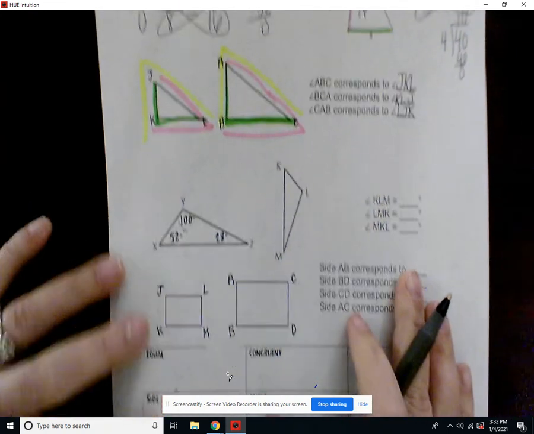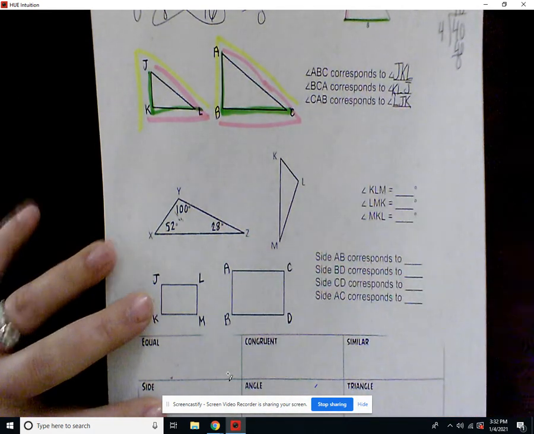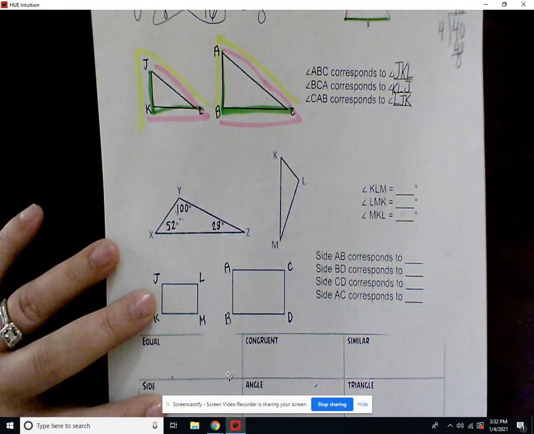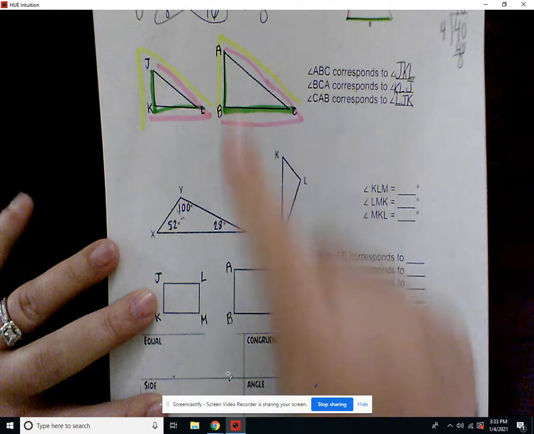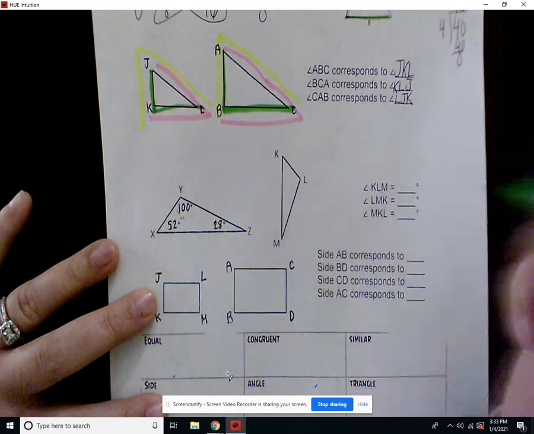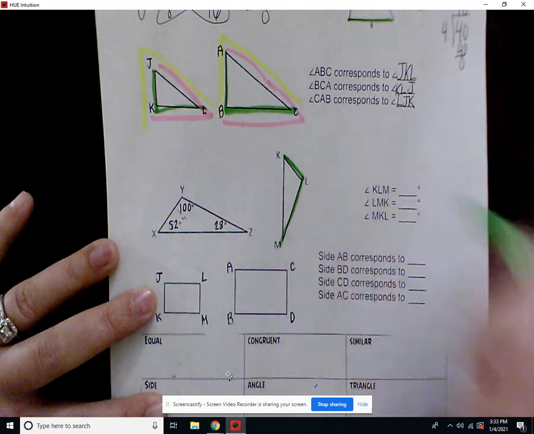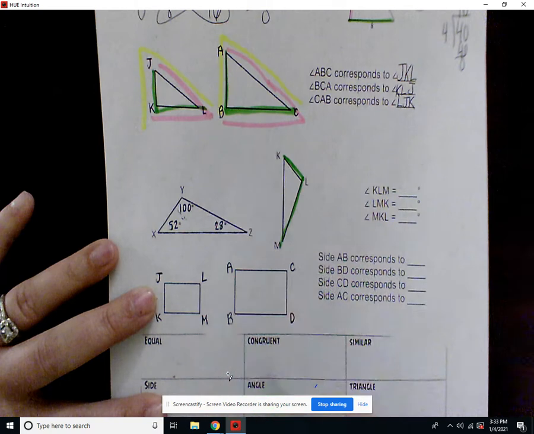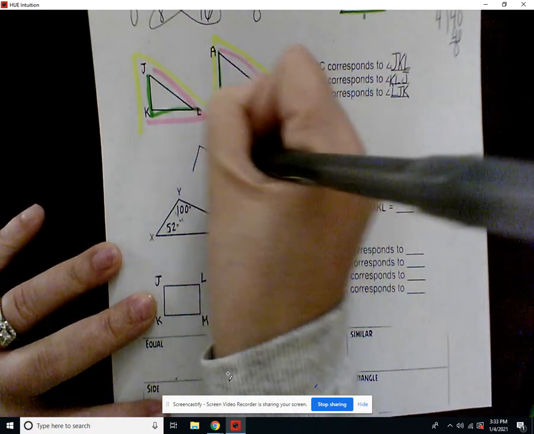All right, so this next one's a little bit different. They don't want to know what it corresponds with, they just want to know what is the angle measurement. So remember, angles are the exact same. So it's kind of like this last one, except instead of putting a letter, we're going to put a number. So same thing, take our markers. We have K, L, M. But if you notice, our shapes are turned, so I'm going to redraw it so it looks the exact same.